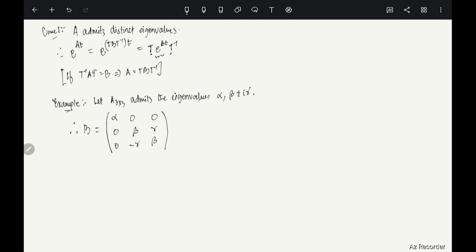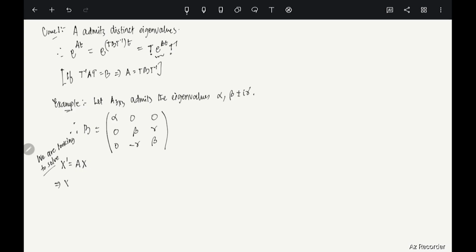Now you see, what exactly does it mean? If this is the matrix, let's just say this is the matrix. Okay, now one way of looking at it is this. Let's say that you are looking for this problem, right? X prime equals A x, we are looking to solve this problem. Clear?